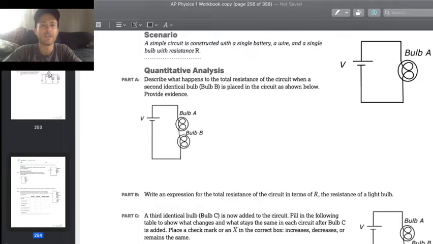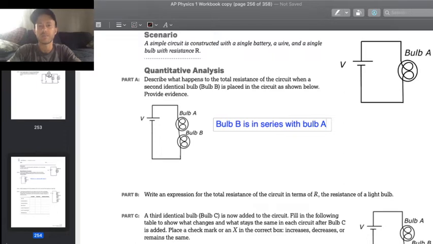So I would say bulb B is in series with bulb A. Okay.